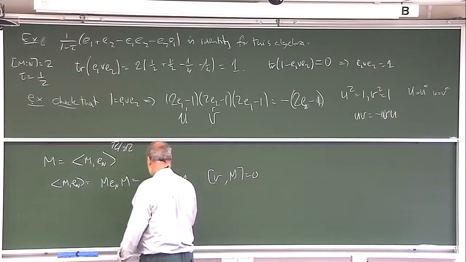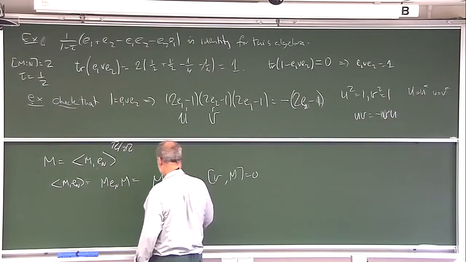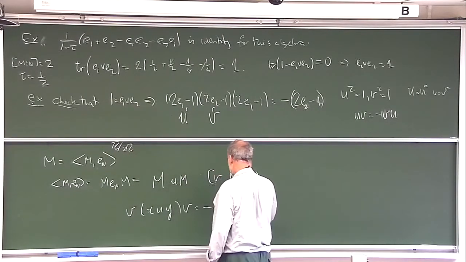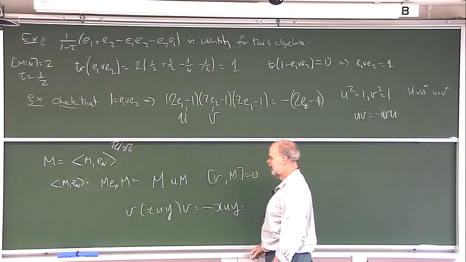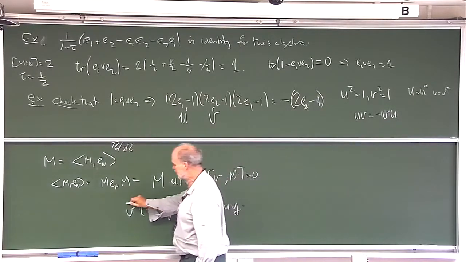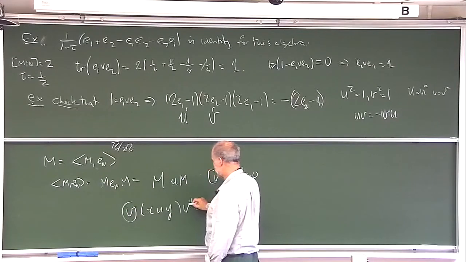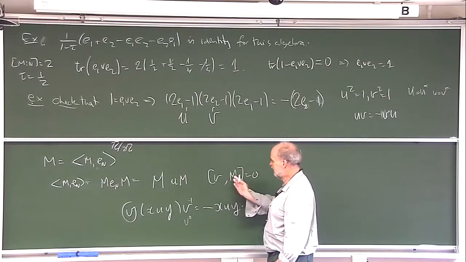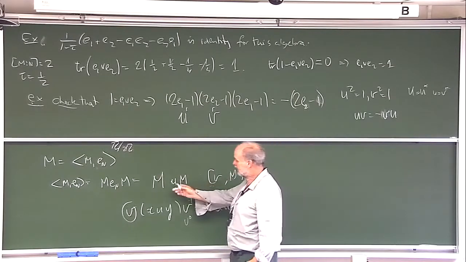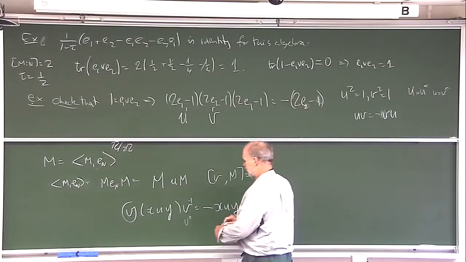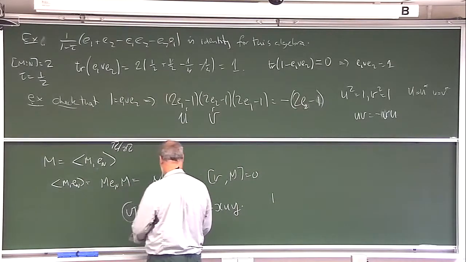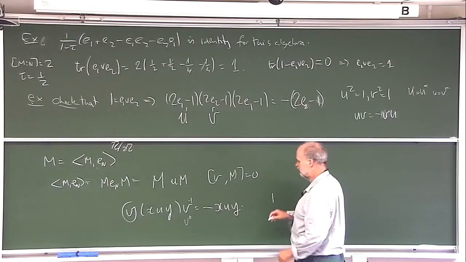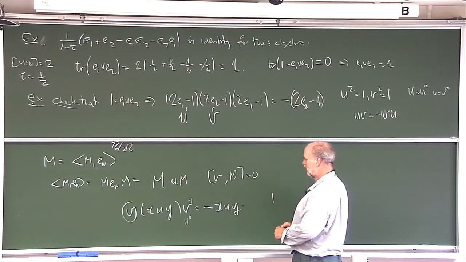So if we take X, U, Y, and we commute this with V, we get minus X, U, Y. So conjugation by V, the same thing as V inverse, V star, fixes M, it's the identity on M, and it takes MU, and what am I saying here?